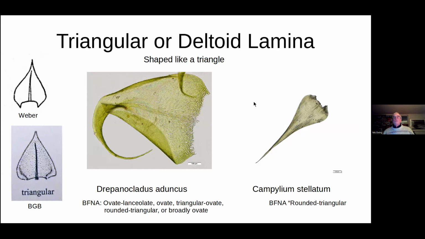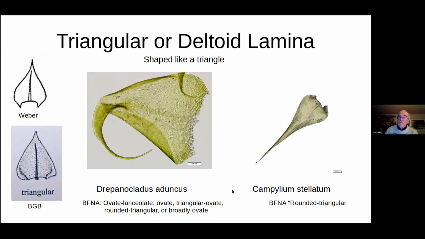One of the definitions talks about the widest part being just above the base. So this wouldn't be ovate, because for ovate the widest part would be about a third of the way up the leaf. In this case, the widest part is just above the base.